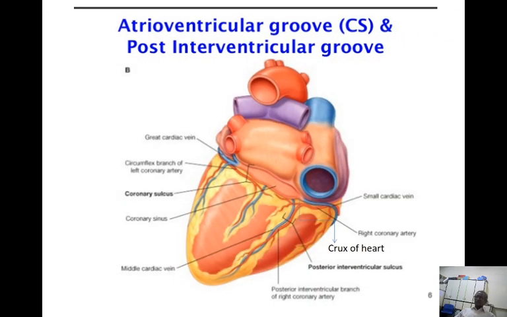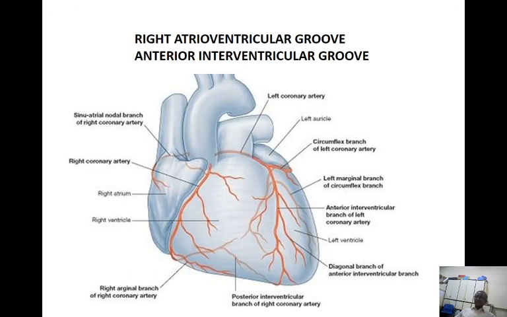So first here we are seeing the demarcation: the right atrioventricular groove, and the anterior interventricular groove.